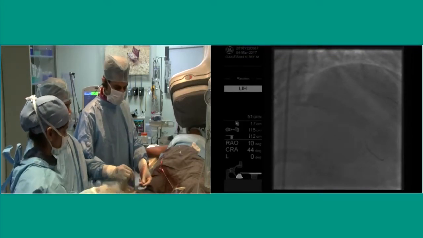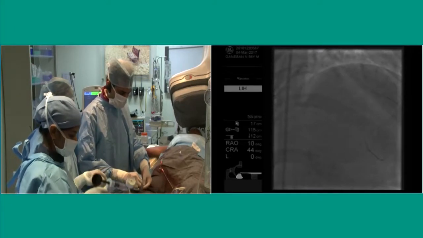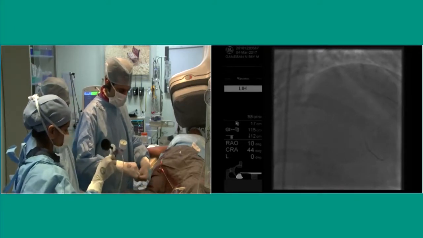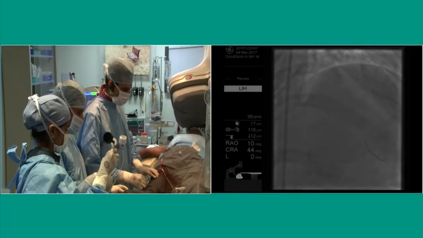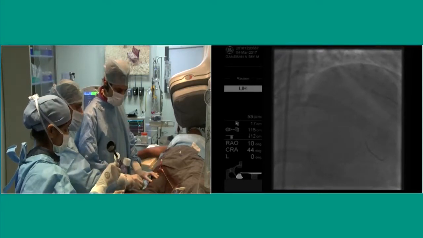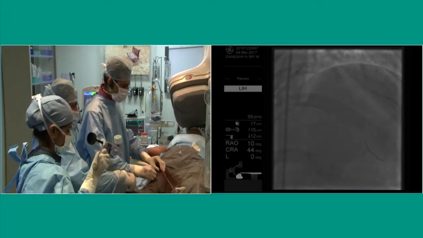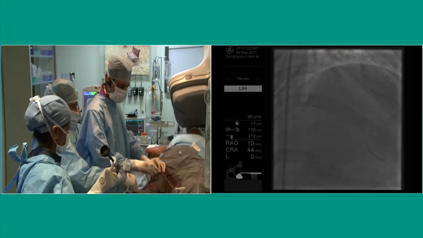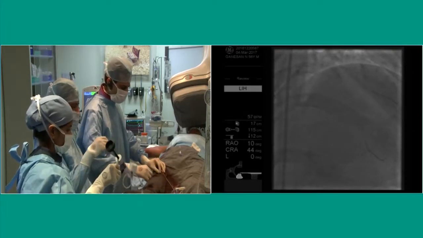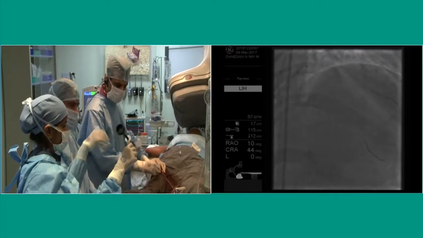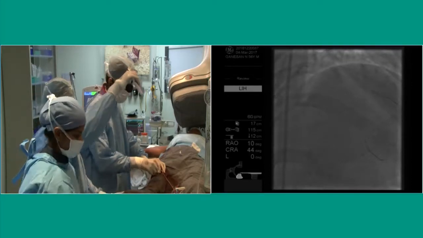Yeah, a stent which can go to a higher size will definitely be better here. What type of stent would you consider? Which stents do you have there on the shelf? Synergy? Yeah, that should be a good choice.